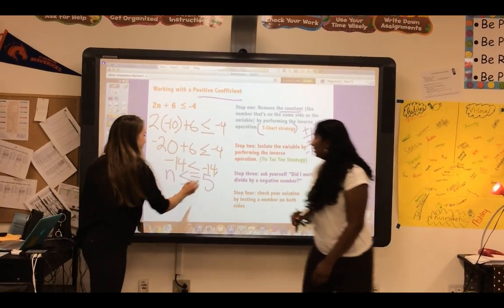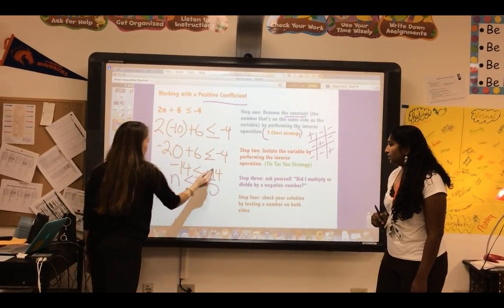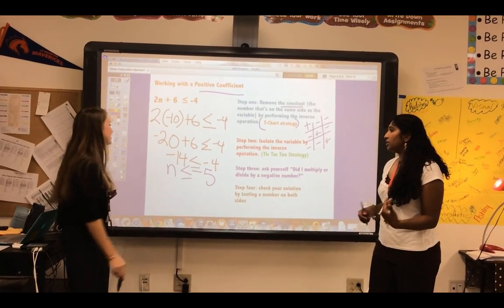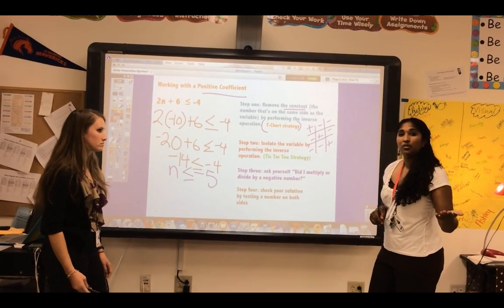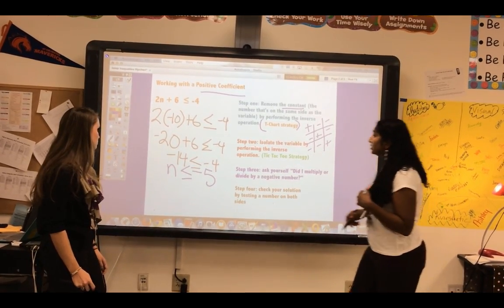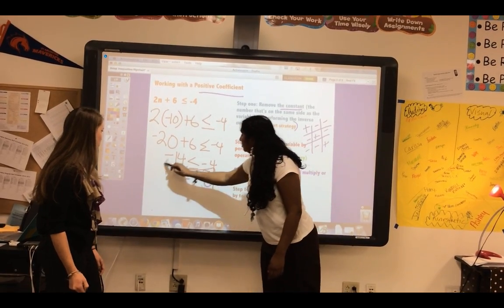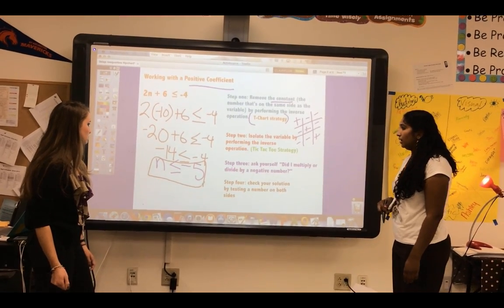Okay, so we've got -14 less than or equal to -4. If we took a look at a number line, we would see that -14 is further away from 0, so it is indeed smaller than -4. That's how we know that our solution should be less than or equal to -5.